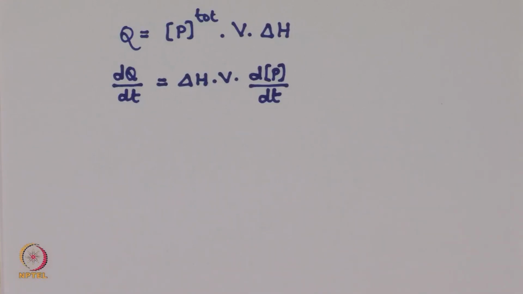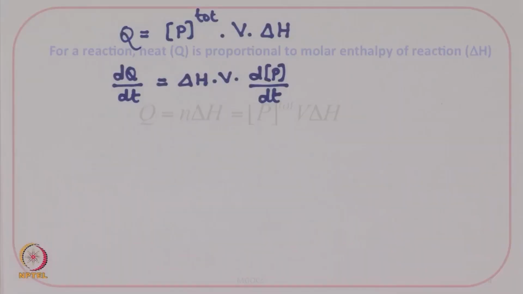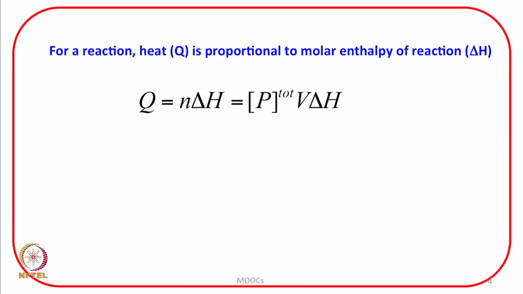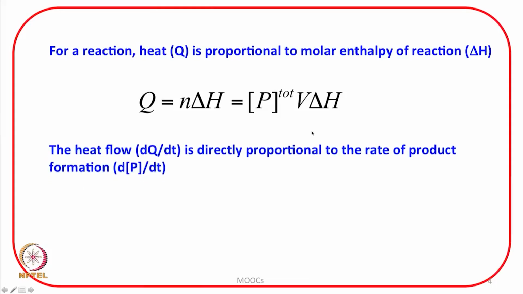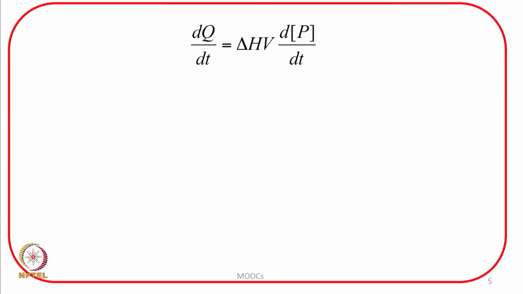Now, let us take a look at the slide. What I discussed is that Q is n times delta H, and that can be connected to P total into volume into delta H, and then if you take the derivative, dq by dt is equal to delta H into volume into dp by dt, and I just discussed the derivation of this.